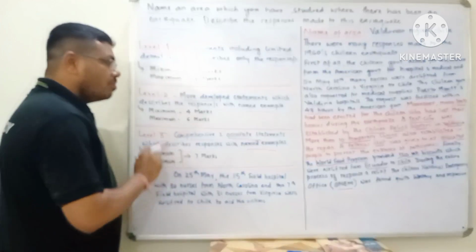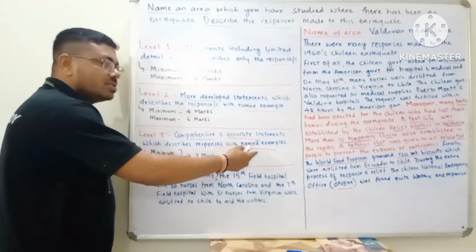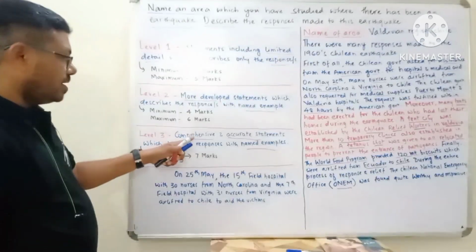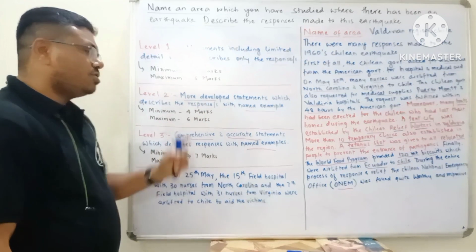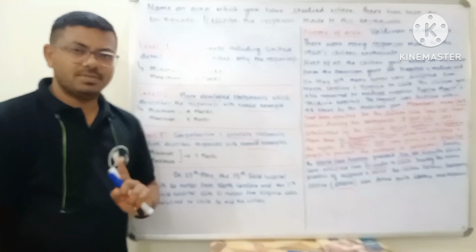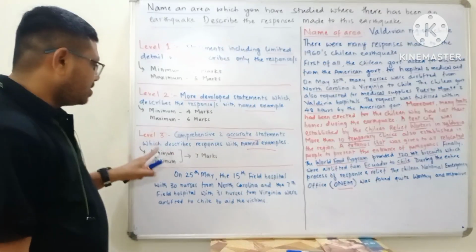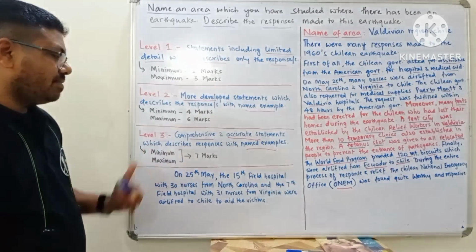In level 3, comprehensive and accurate statements which describe responses with named examples. So the statement should be accurate, comprehensive, and have named examples, right? If somebody is writing with this mindset, this idea, then they will get 7 marks.